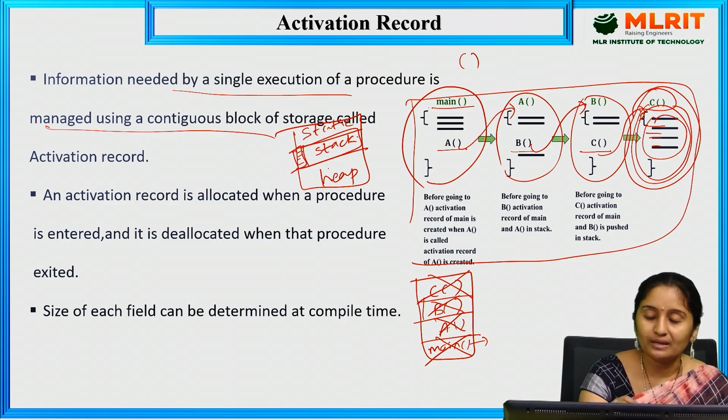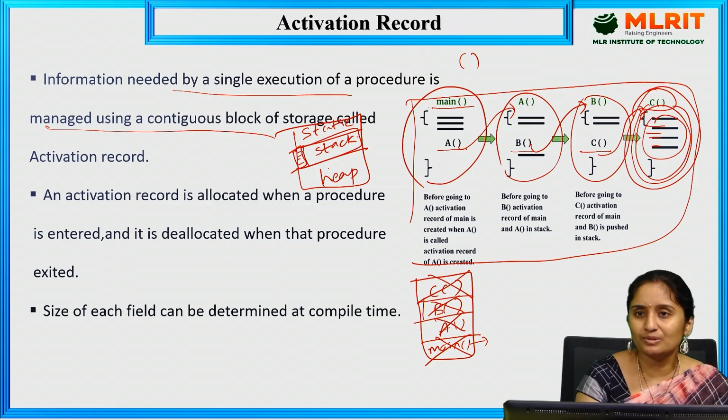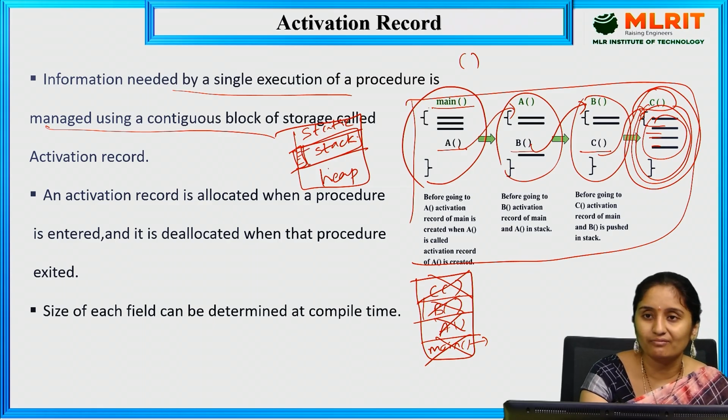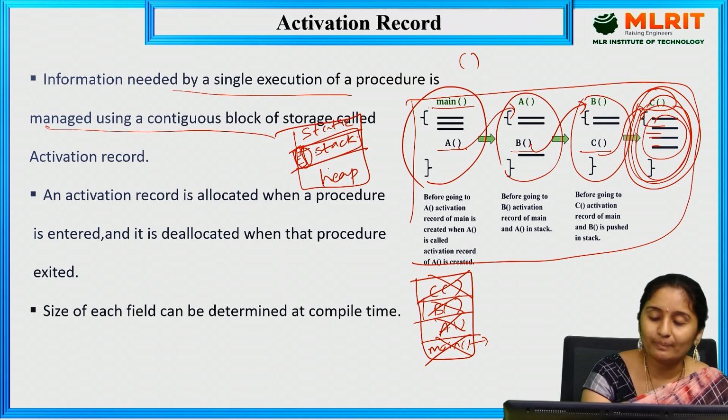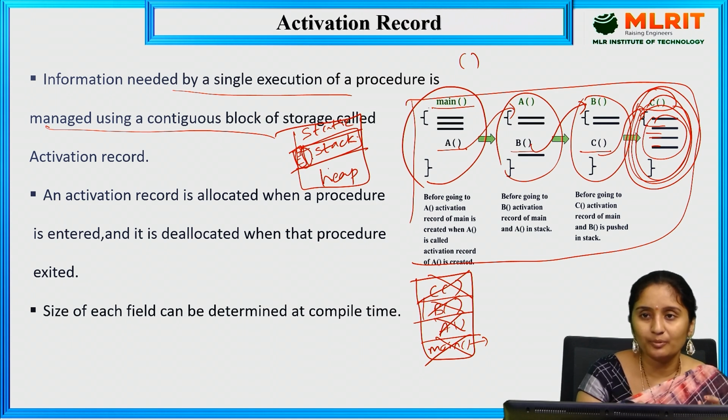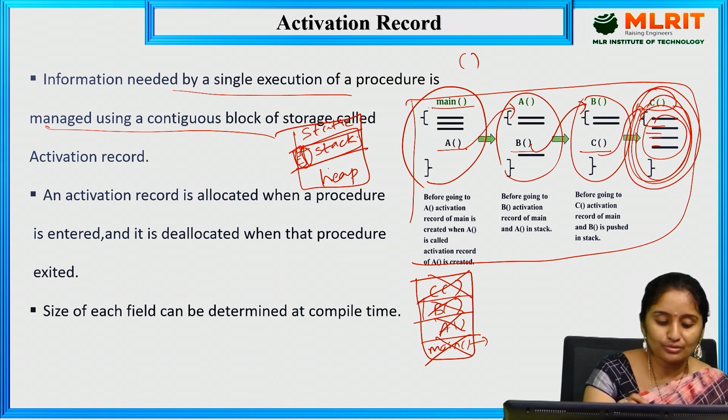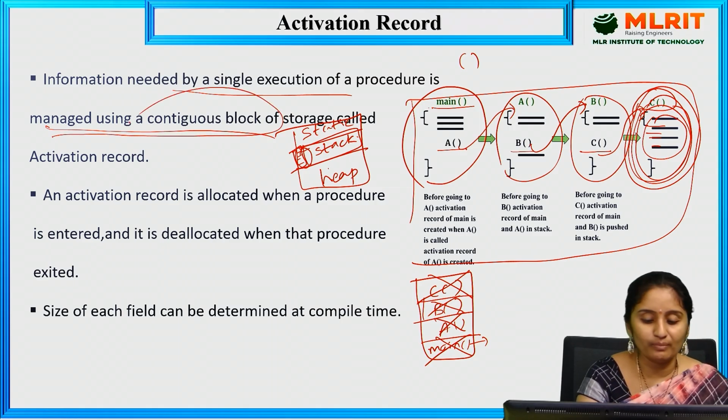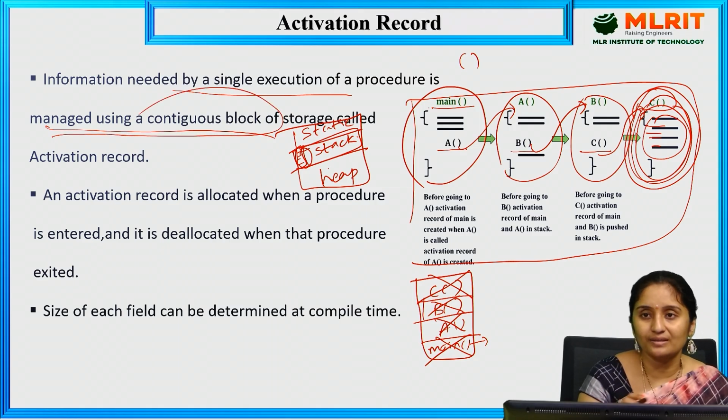It will not be the case that space is left somewhere for one statement and memory is left somewhere for another. The whole program execution will be allotted a contiguous memory allocation, and the program will be executed and stored in the stack. So it is managed using a contiguous block of memory. That is, the storage is allocated contiguously.